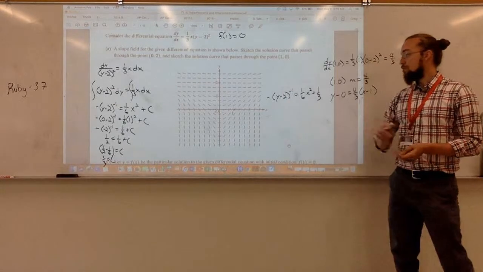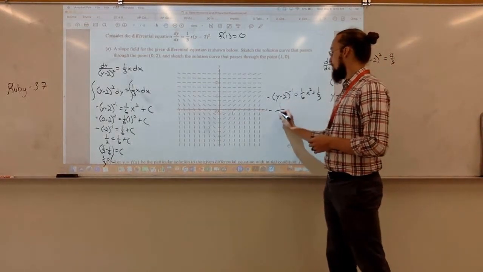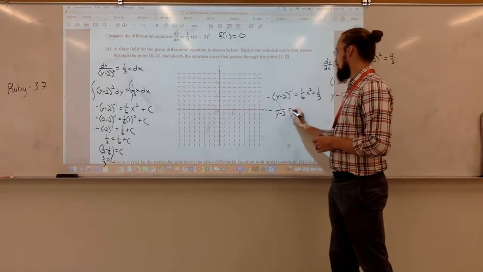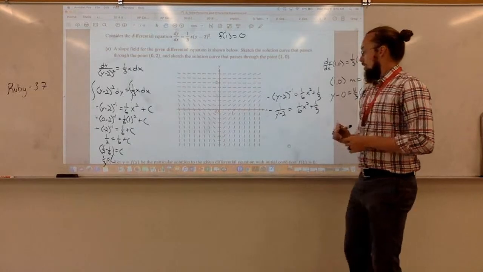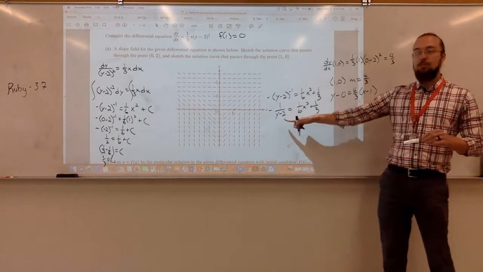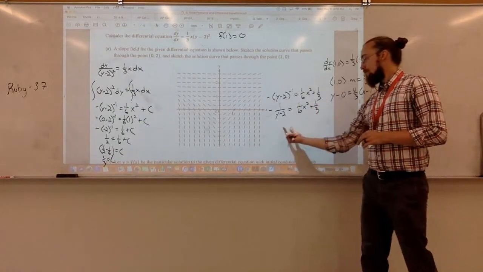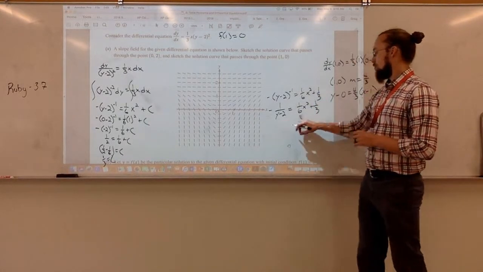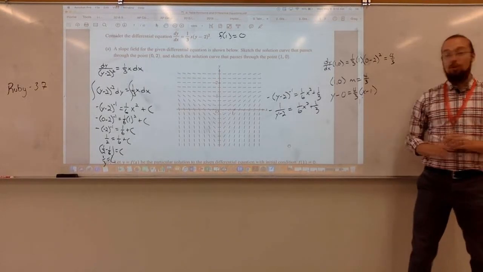So now I just need to solve this for y. This would be the same as negative 1 over (y minus 2). So the easiest way to do this would probably be multiply the (y minus 2) up, divide everything by 1/6 x squared plus 1/3, and then add 2.